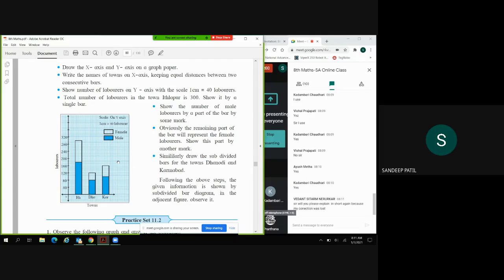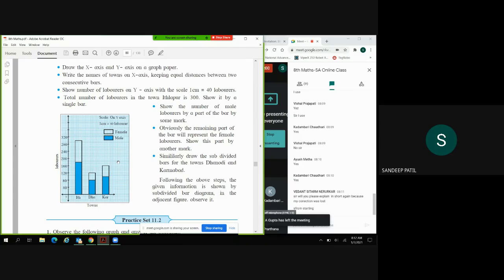There are also different softwares just for representing the data in graphical format, which you may use in future.